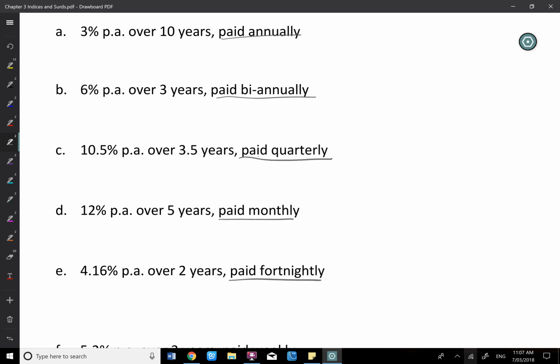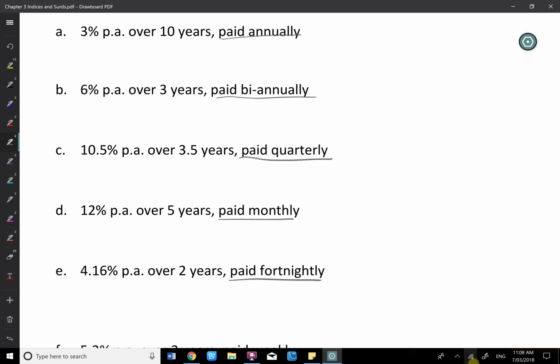So your principal keeps increasing during the year. For the paid annually one, your interest is just paid once, and you only have $100 as principal from 0 months to 12 months. But if you are paid monthly, your principal actually increases. That's why we want to be paid for a shorter period.